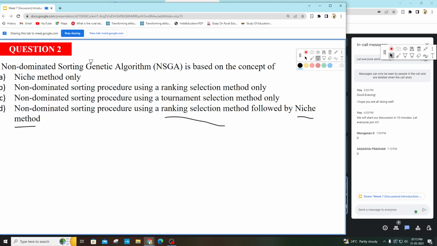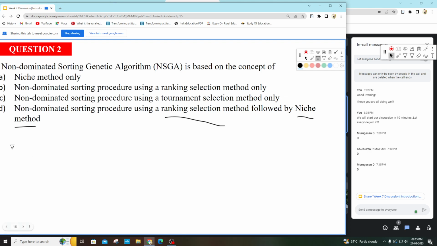Which of the four is correct? Any guesses? Murugesh is telling D. Any other guesses?